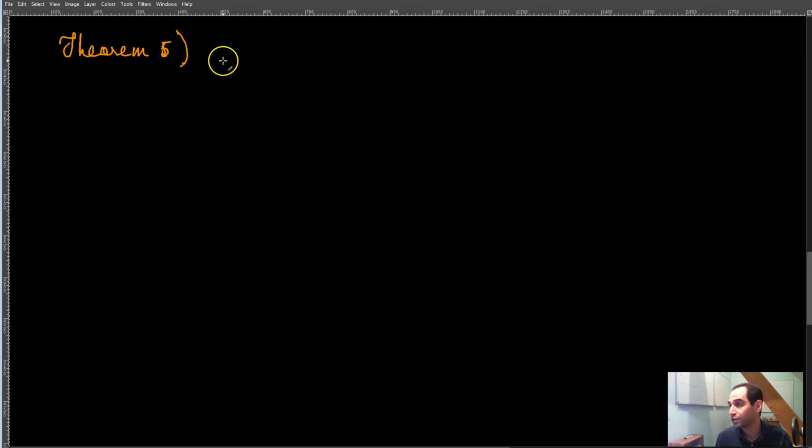The following are 2 important limits. Number 1, the limit of sine x by x as x tends to 0. This is important, a lot of applications. The limit of sine x by x as x tends to 0 is equal to 1.